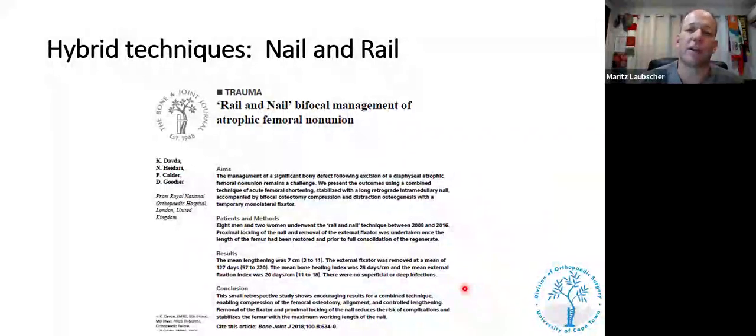Now, I'll show a case that I did. But nowadays with the PRECICE nail, with femoral defects that you can shorten, the simplest technique is to resect the bone, shorten over a nail, wait for the bone to heal, and then swap the trauma nail for a PRECICE nail and lengthen the bone, as I showed in that other case.